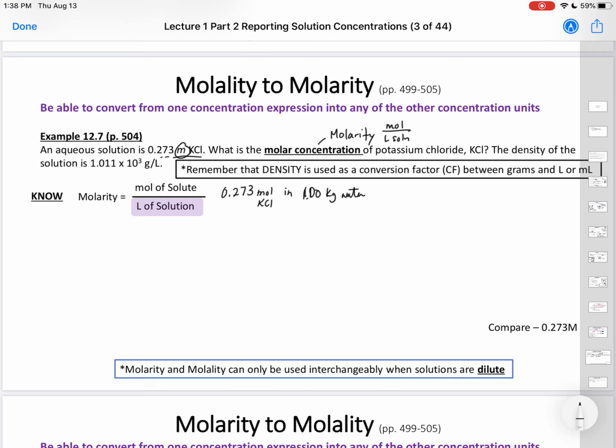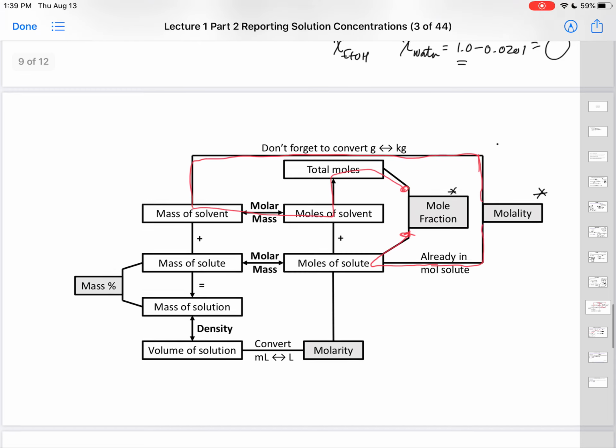Okay, so really, what do you know? You know that you need the moles of the KCl. You have that already, 0.273. Okay, you do need liters of solution, and right now you have liters of a solvent. Okay, so really I would go back to here and let's just look.